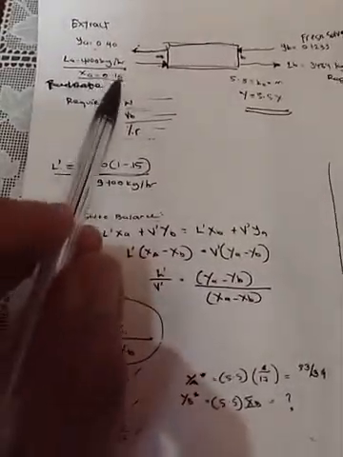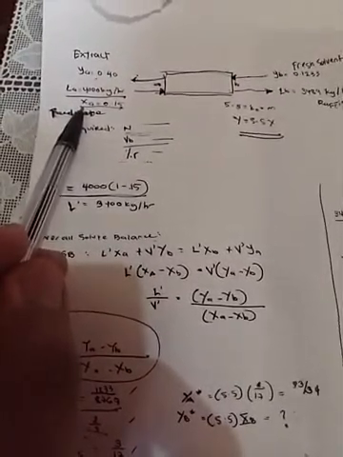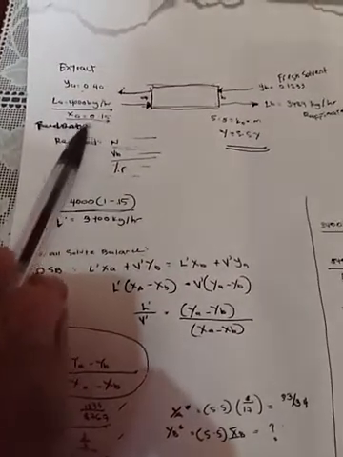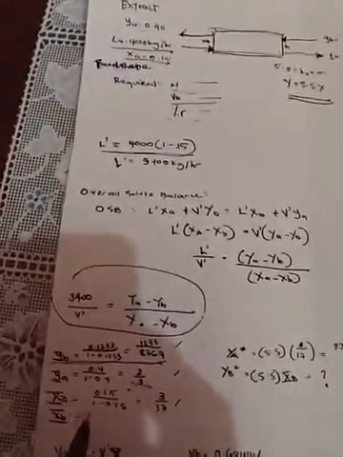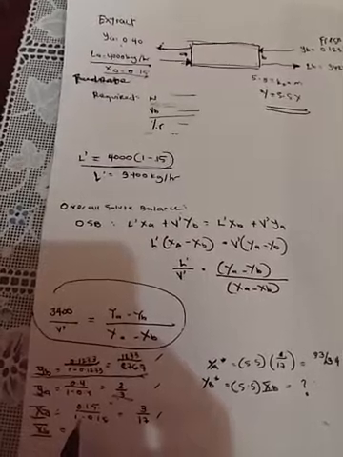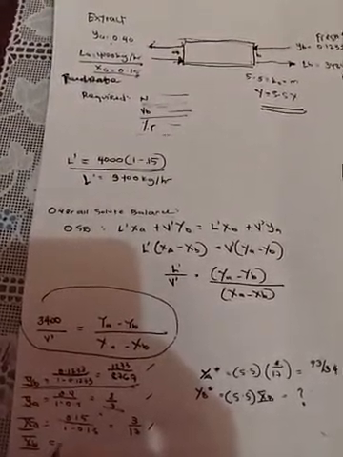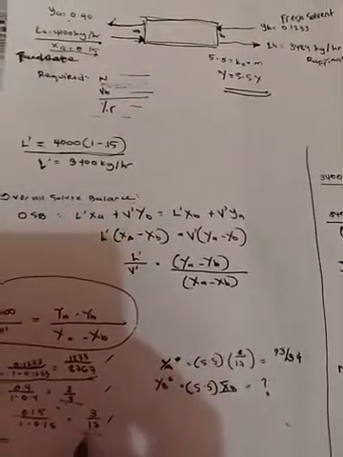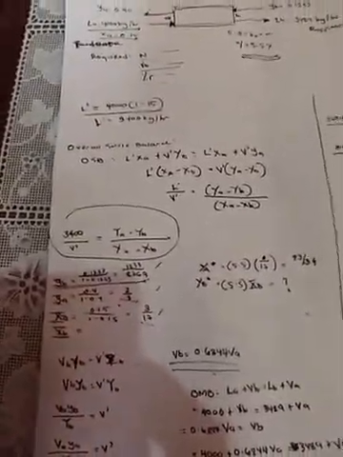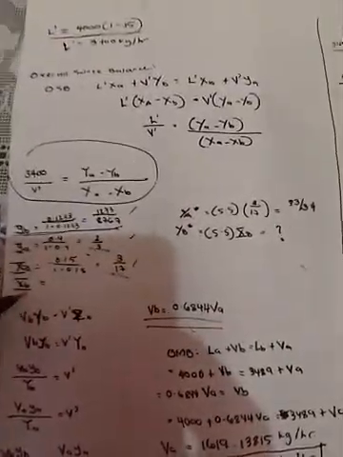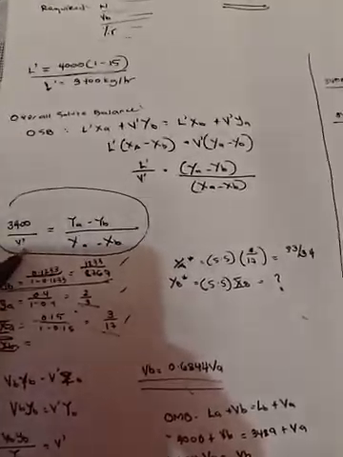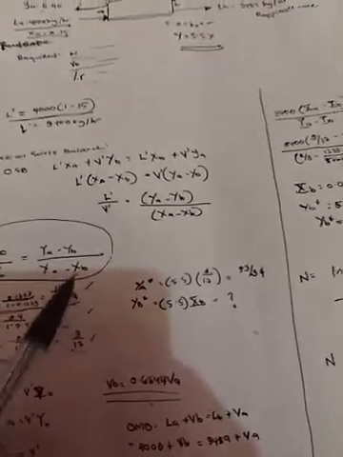We are given the concentration of the entering feed, which is 0.15, so 0.15 over 1 minus 0.15 is equal to 3 over 17. And we have no XB, so we can't find V prime yet because we have another unknown, which is XB.